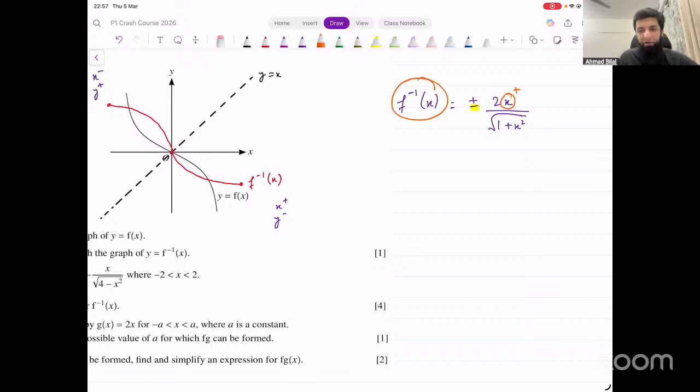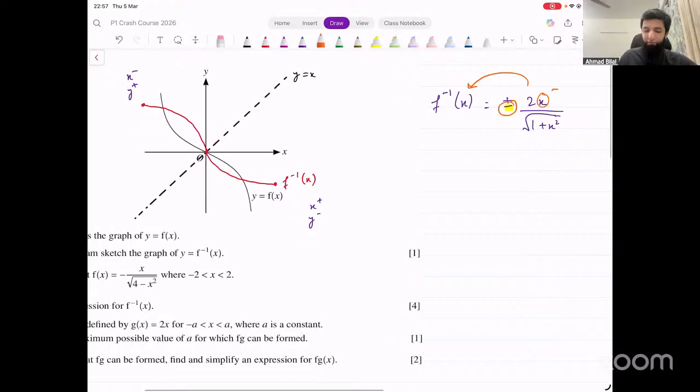The y value will turn out to be negative. And if x was a negative value, then negative into negative becomes positive and the y value will turn out to be positive. So with the negative sign, we would get a graph like this. With the positive sign, the graph would be in the first and third quadrants. That's not what we want.